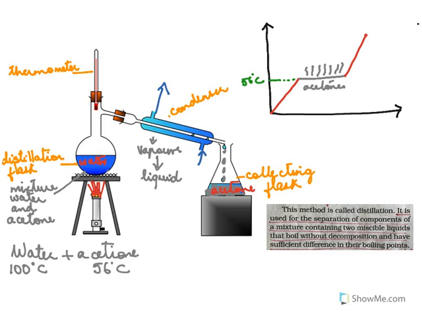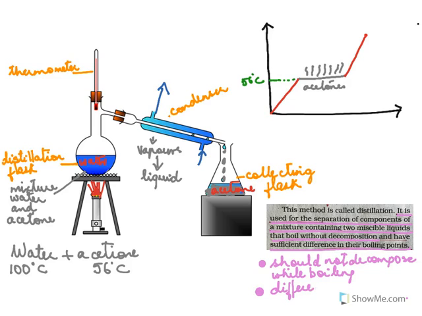However, to use this method there should be two precautions. Here I have written this from your textbook. It is used for the separation of the components of a mixture containing two miscible liquids that boil without decomposition. That's important. So point one is these two components should not decompose while boiling. And the second is sufficient difference in their boiling point.